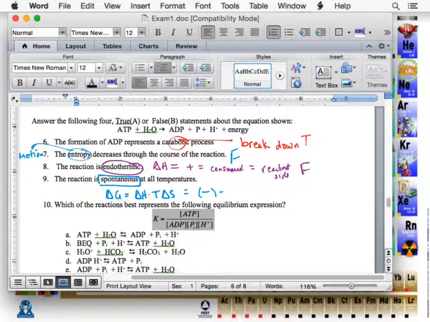It is always positive because our temperature for delta G is in kelvins. It's always positive. What was our delta S? It was positive, which means our delta G is always negative, which means it is always spontaneous. So it's going to be spontaneous at all temperatures.